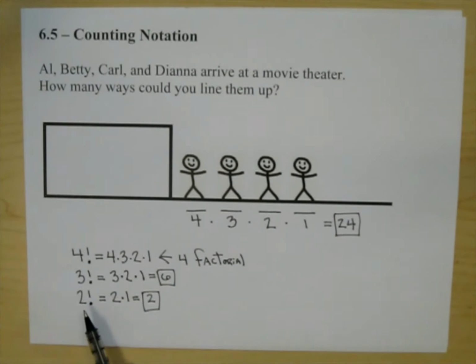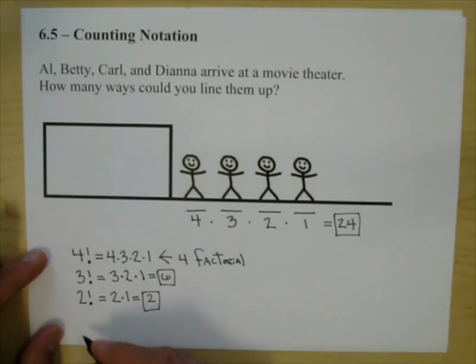Now, some of you may argue when you write out these factorials, you really don't need to put the ones there, but you would be just ruining all the fun. Okay, so I'm always going to put the ones there, but you can argue you can stop at the 2, because the 1's not going to matter. Okay, the next one that we want to do is 1 factorial, which is just 1.